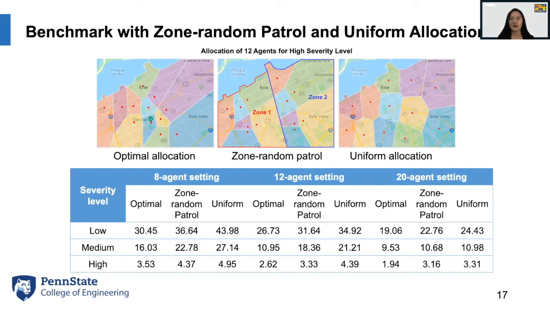As shown in the below table, response times of agents from optimal locations to crime scenes are much shorter than from zone random patrol and uniform allocation, which means agents give faster responses to crimes with the proposed algorithm. Further, the response time of an individual agent is shorter if we increase the number of agents.